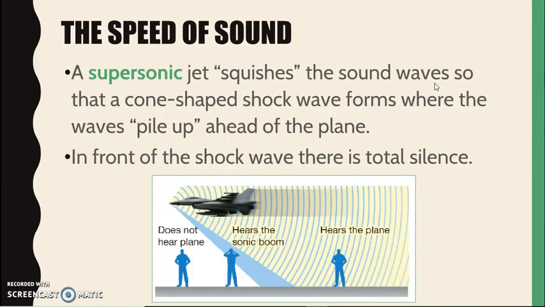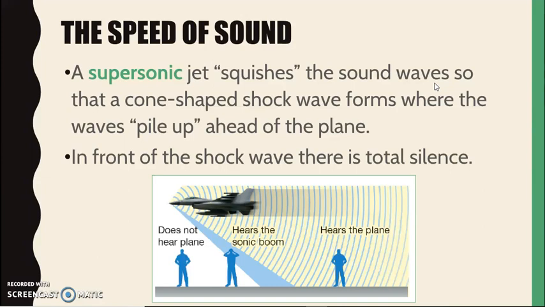So, a sonic boom. This is just a fun little trivia fact about sound. We talk about sonic booms mostly when we talk about airplanes, or rockets for that matter, when we talk about things breaking the sound barrier. It's called supersonic. And what's happening, you can see it in the picture down here, when something moves faster than the speed of sound.